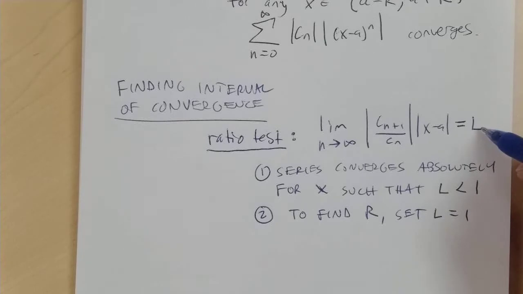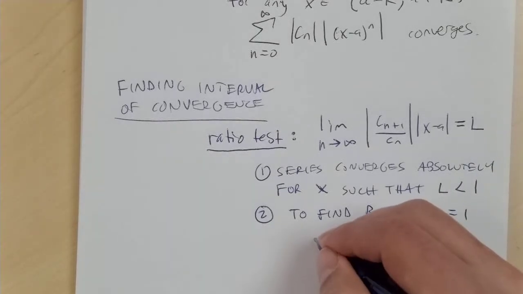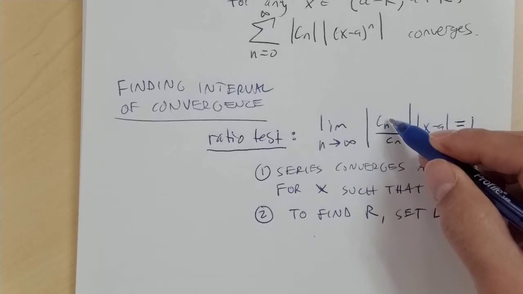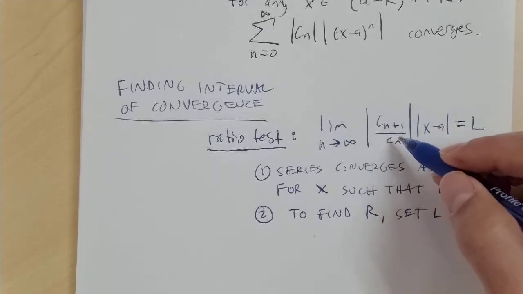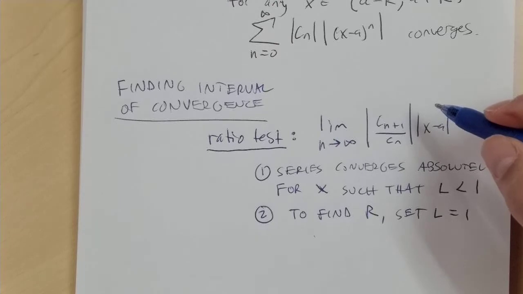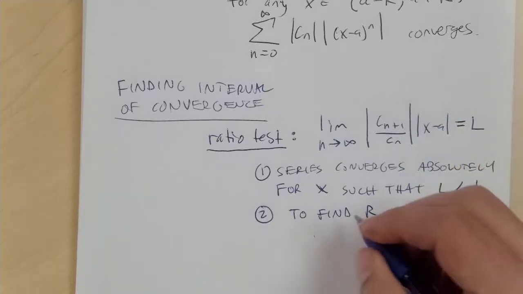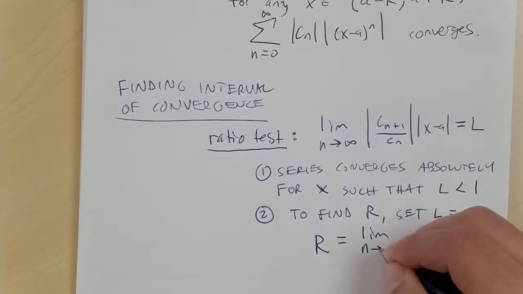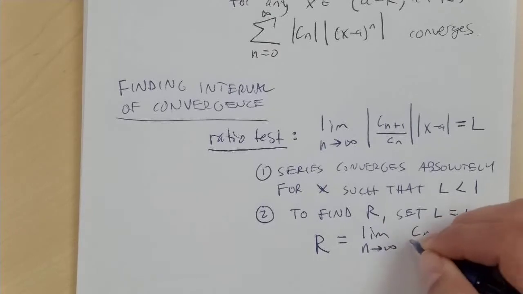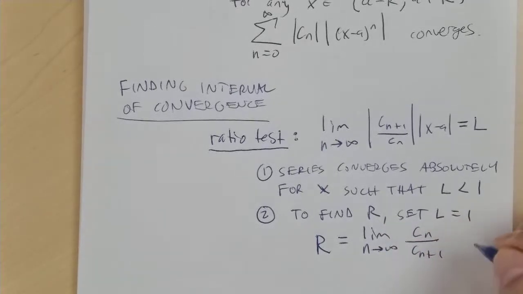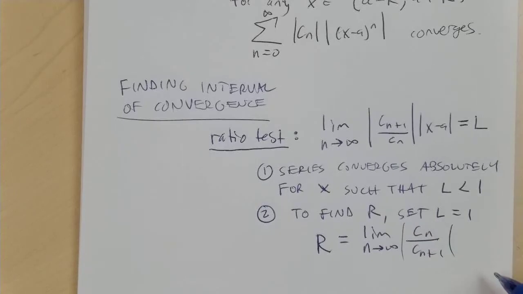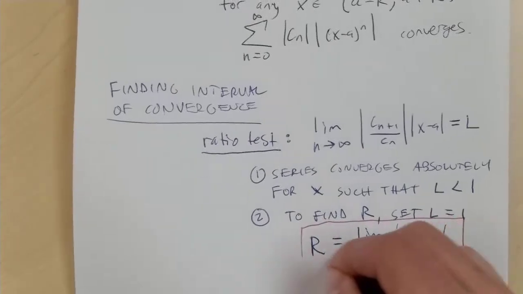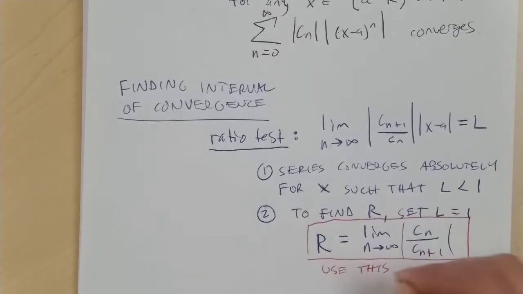So imagine that this equals 1, right? And then the ratio of c sub n plus 1 over c sub n, if we move it to the other side, we're going to get r is the limit as n approaches infinity of the absolute value of c sub n over c sub n plus 1. Okay, so this is what we're going to use to find the radius of convergence.